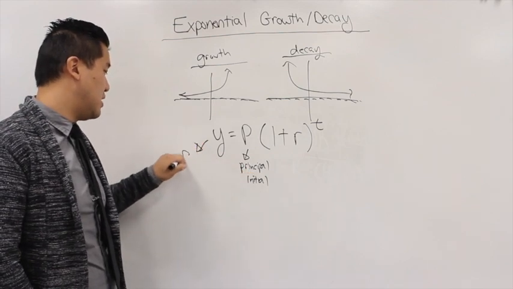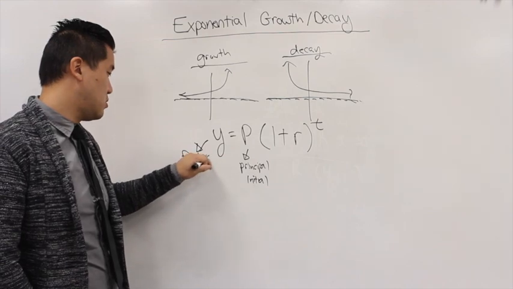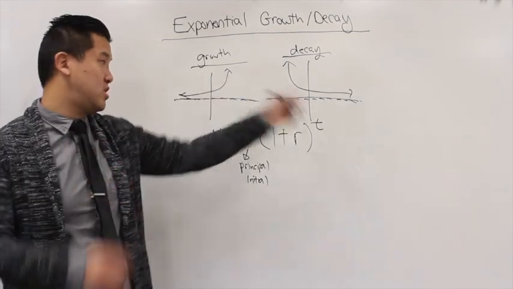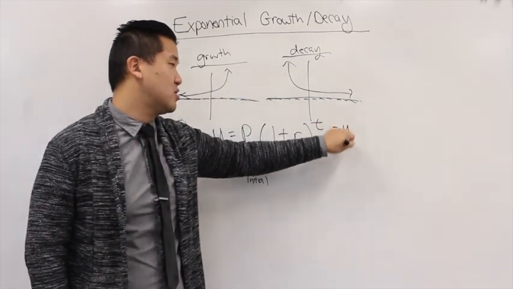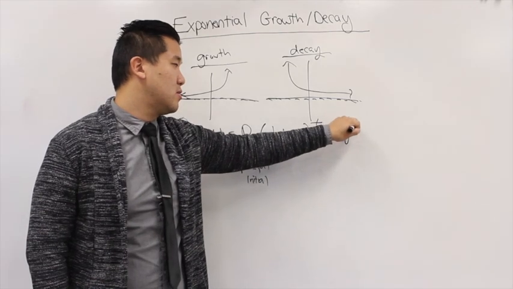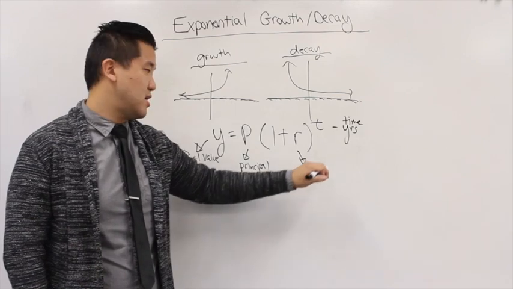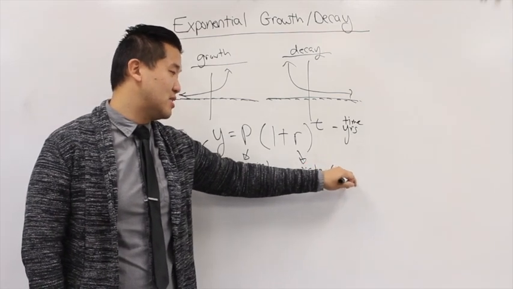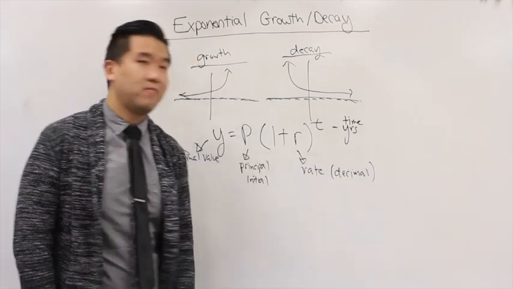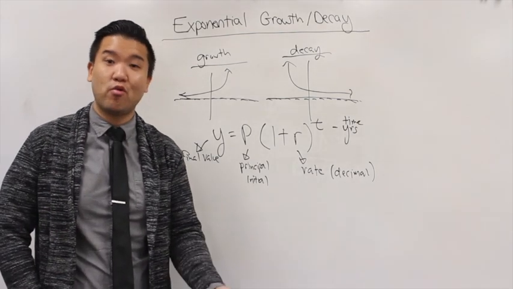Y is your final value: how much is it worth after t years? So t is years, time. And r is your rate, your interest rate, but you have to write it as a decimal. So if it's 10%, make sure you use 0.1.